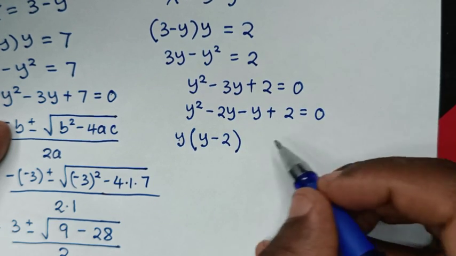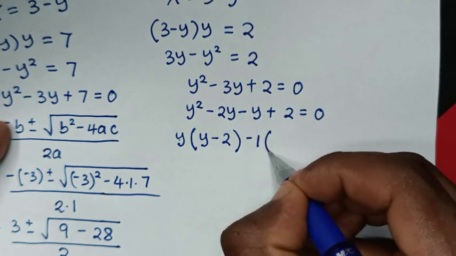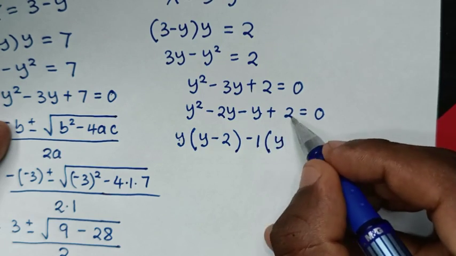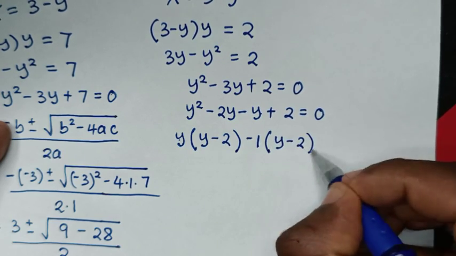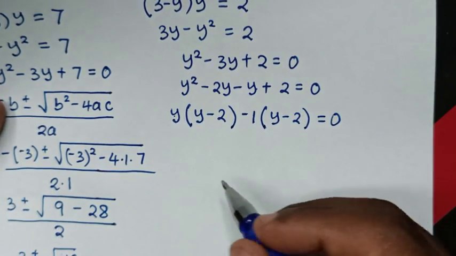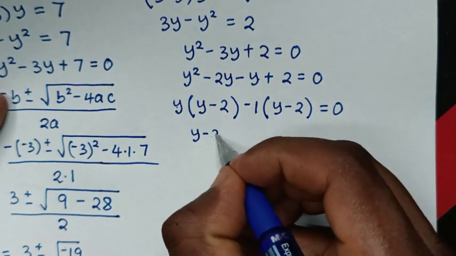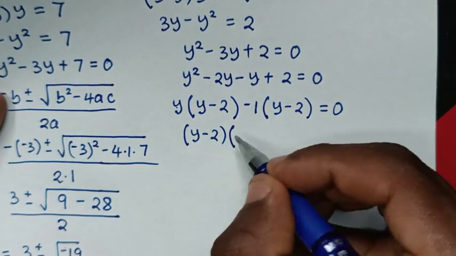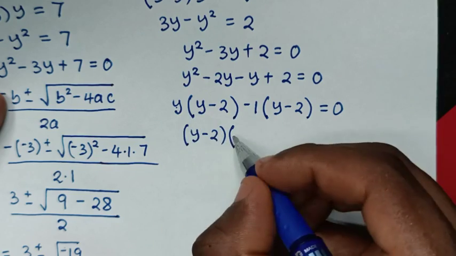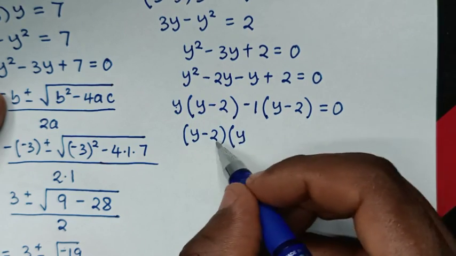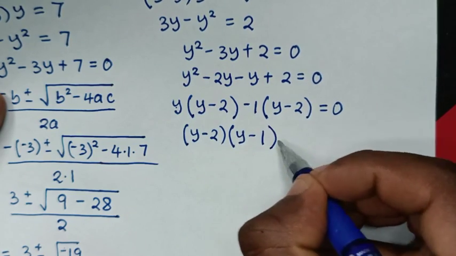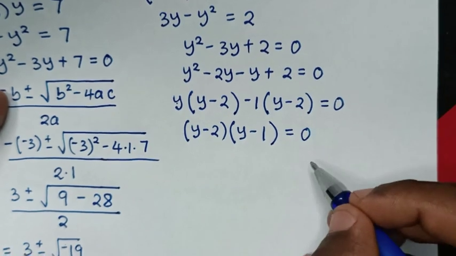In here we take negative 1 out of bracket: negative 1 times (y minus 2) is equal to 0. Then y minus 2 is common, so we take (y minus 2) out of bracket, and we have (y minus 2)(y minus 1) is equal to 0.